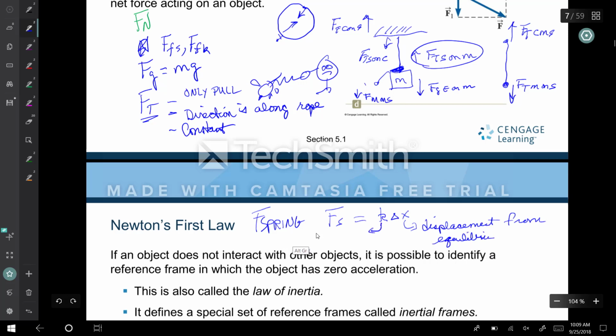K is called the spring constant, and it's measured, as we might do this semester, by saying that K is the ratio of the force of the spring to the delta X. We can apply greater and greater forces, which would correspond ideally to greater and greater stretching of the spring or compression, and that would allow us to find K.